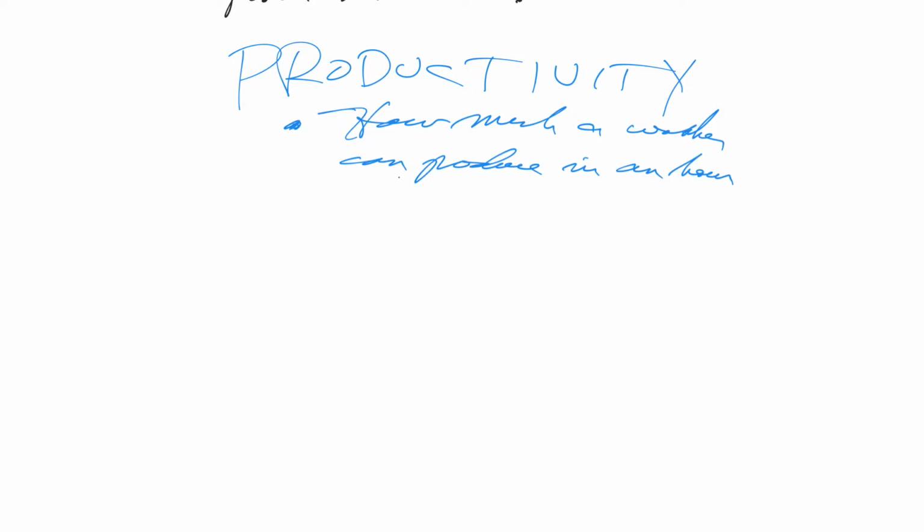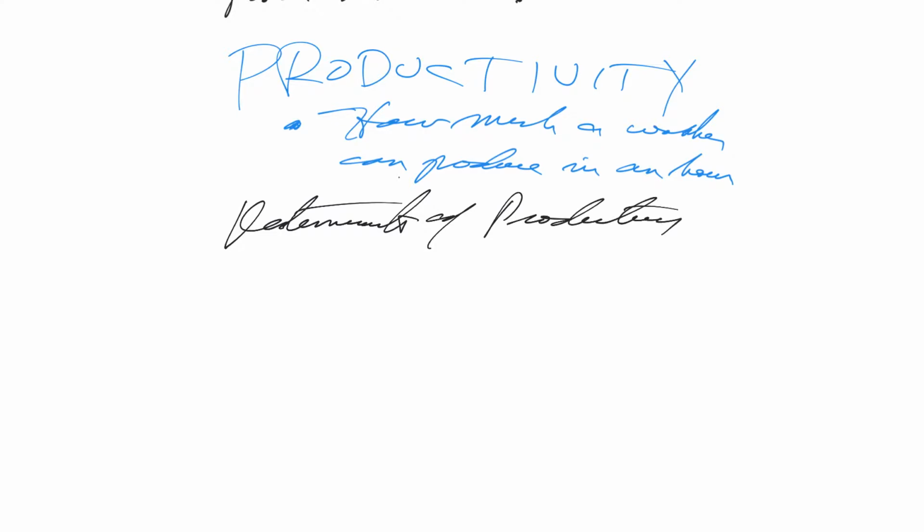So what determines productivity? Determinants of productivity. Number 1, technology.